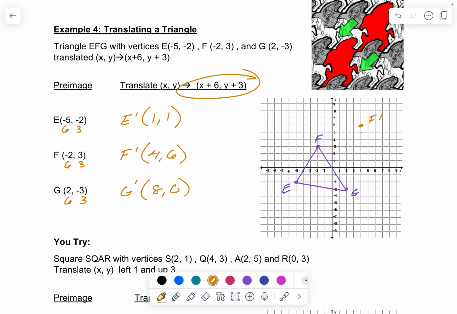There's my F prime. 1, 2, 3, 4, 5, 6. 1, 2, 3. And we can double check our coordinates. Yep, E prime 1, 1, F prime 4, 6, and G prime 8, 0. Looks good.